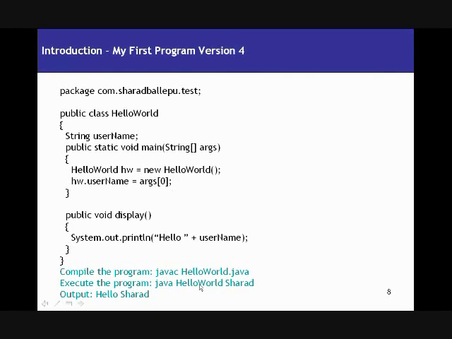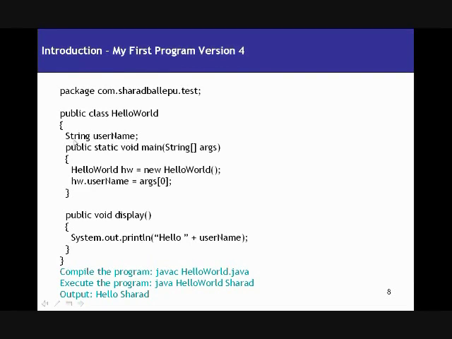So when I say java HelloWorld Sharad, I pass in Sharad as the string argument here. It's going to create a new object of the HelloWorld class for me, and I'm going to assign the value passed in as an argument to the instance variable I have. We've never had an instance variable in the previous three versions.